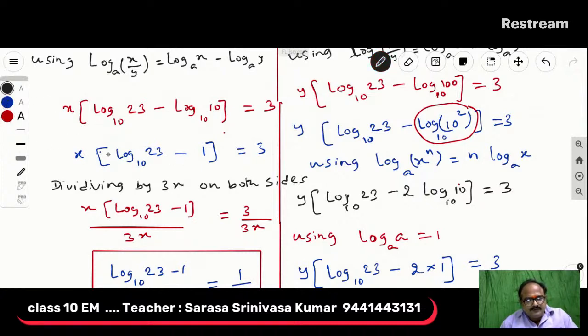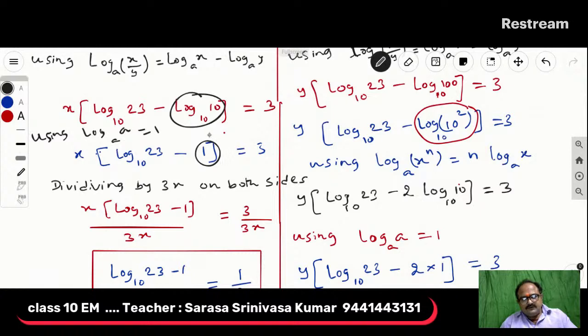Here we should write one step using log a to the base a equal to 1. Using log a base a equal to 1, in place of log 10 base 10, we can write 1.